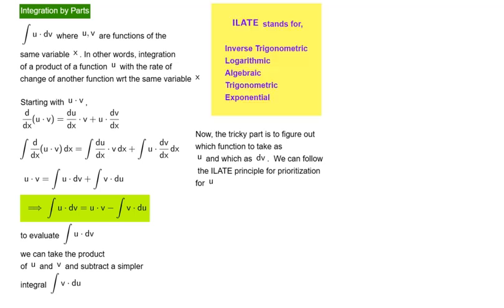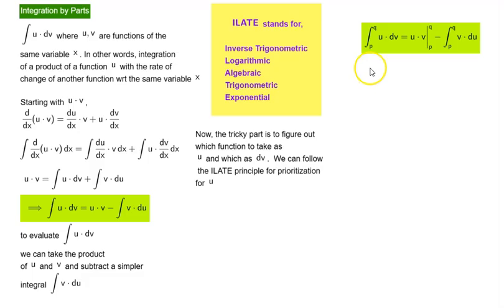And what is this ILATE principle? It stands for inverse trigonometric, logarithmic, algebraic, trigonometric, and exponential. So here we look at this priority list, and depending on which function is where in this list, we choose u.